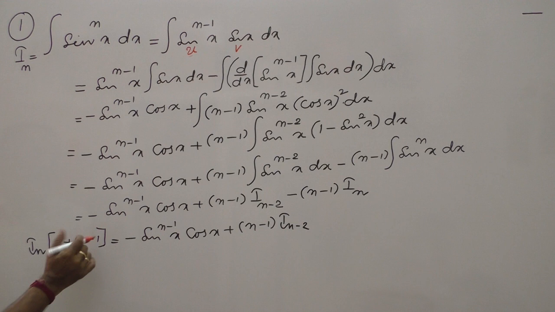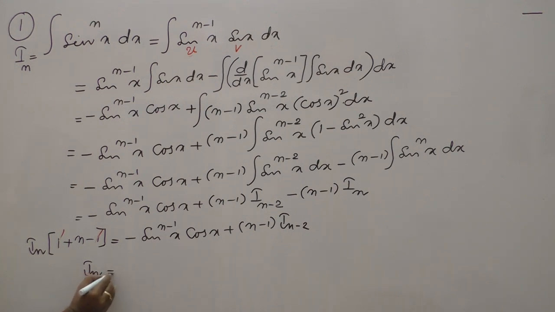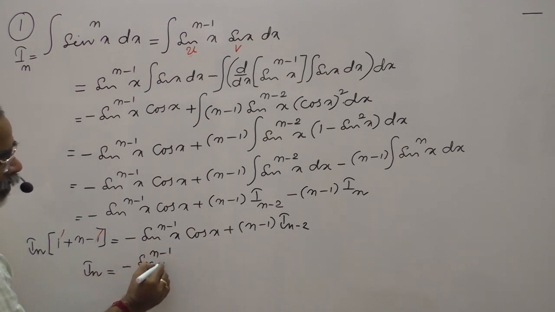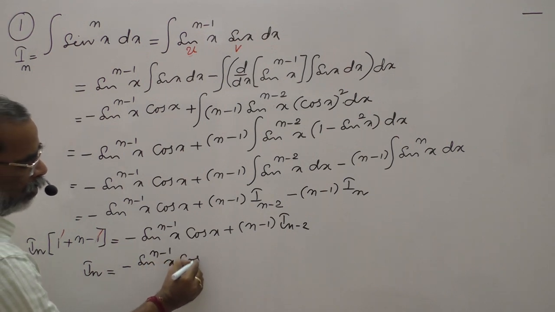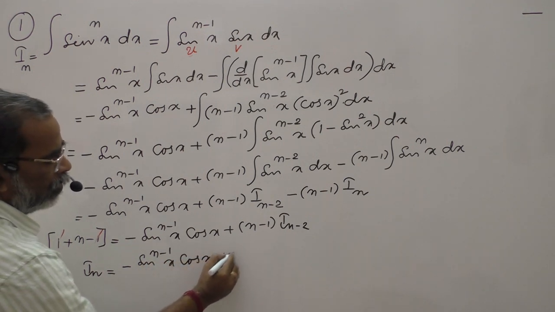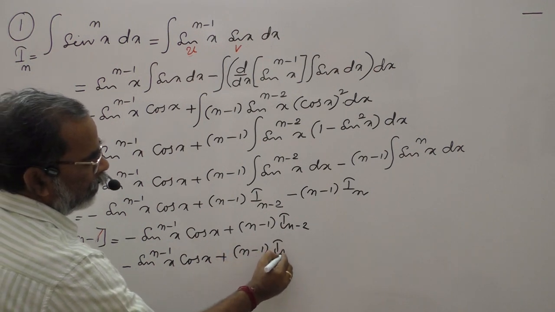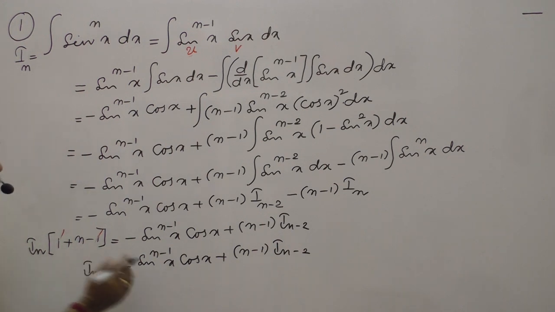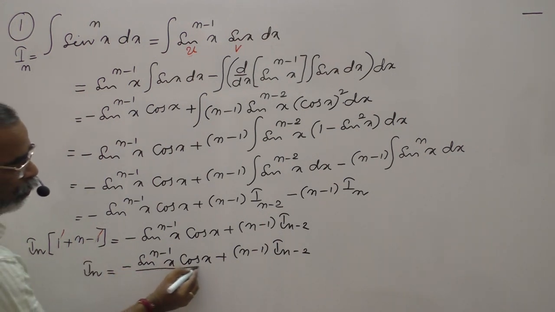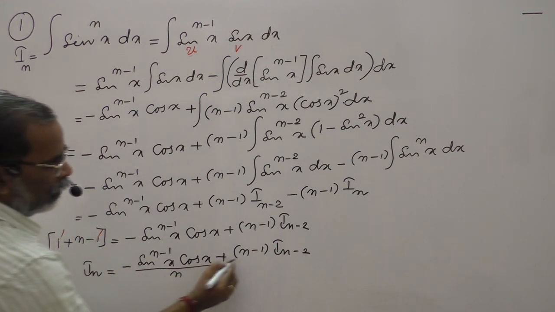Here minus 1 plus 1 gets cancelled. Therefore from this, what is I n? I n is equal to, this n is there here. If you write it on the right side, it divides. Therefore minus of sine power n minus 1 x into cos x plus n minus 1 into I n minus 2. So this n divides both of the terms on the right side.